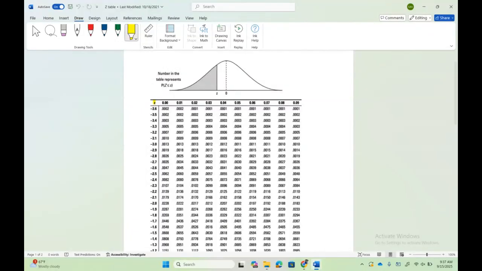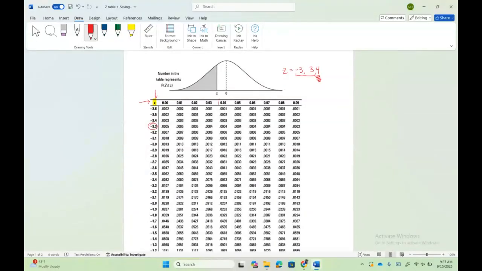So here's your z-score. If I want to look at a z-score of negative 3.34, the first 2 decimals are given right here in this column. So I would find negative 3.3. Then the last decimal, the one in the 100th place, is given in this column.